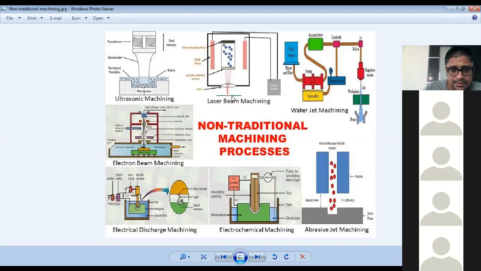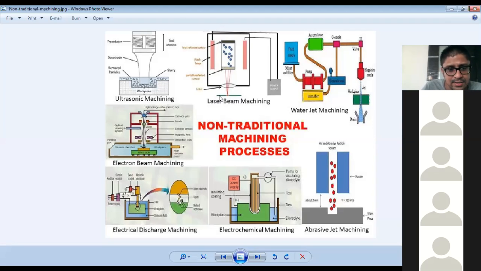But if I compare laser beam machining with the other techniques, there will be a phase change. This is your workpiece that you want to cut or machine. You are applying thermal energy, because laser beam machining is basically a thermal source. So there is a lot of thermal distortion on the workpiece.